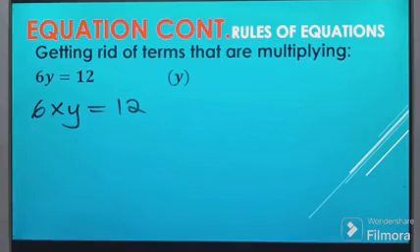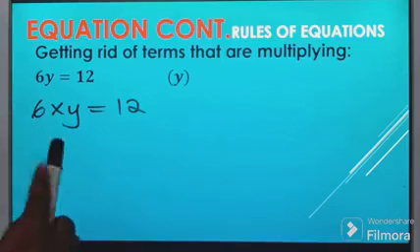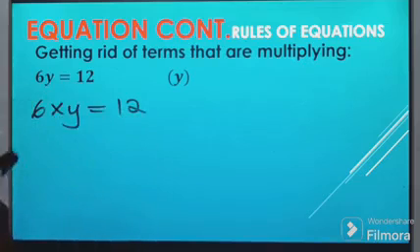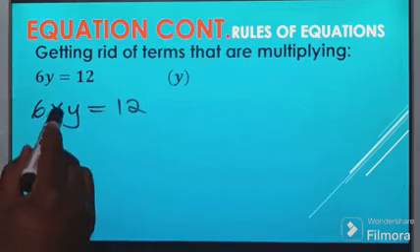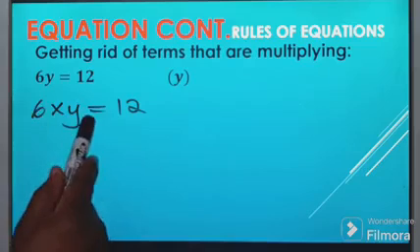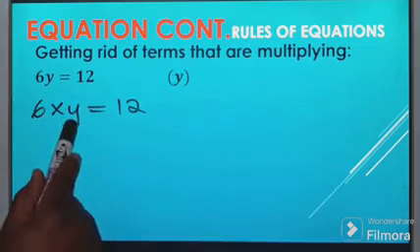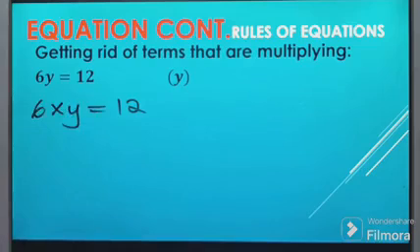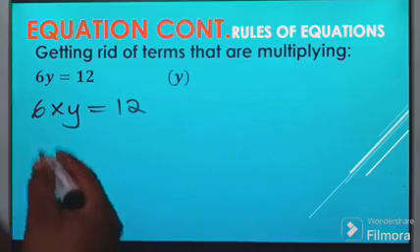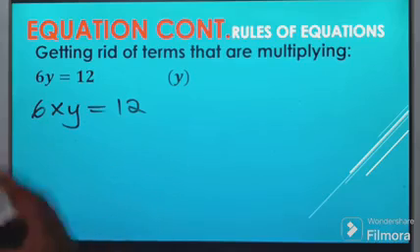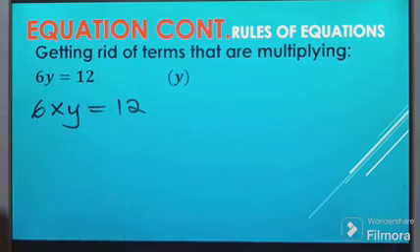How do we remove 6 so that our left hand side has y alone? We do the opposite of multiplying, because 6 is multiplying with our wanted subject. The wanted subject is y. Because 6 is multiplying with our wanted subject, how do we get rid of it? We do the opposite of multiplying, which is dividing. We divide both sides, maintaining the number 1 rule. What I do on one side, I do the same on the other.